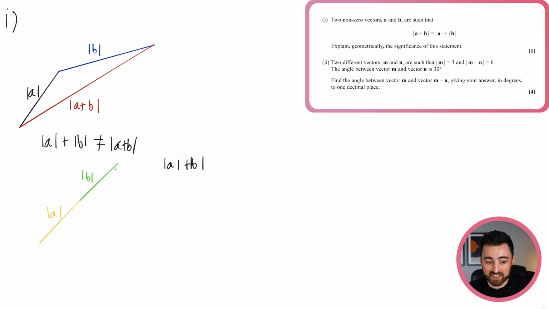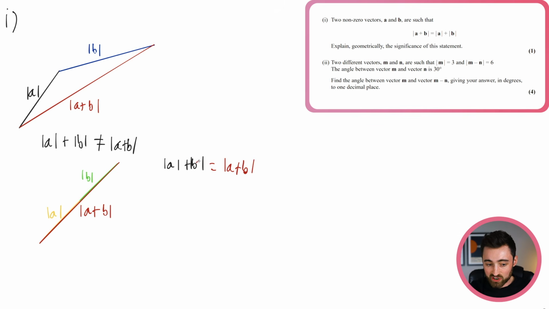But then what would the vector A plus B be? Well, it would start here, and then it would go all the way to there. It's exactly the same thing, isn't it? And in this case, yes, the size of this red line is going to be exactly the same as the size of the yellow line plus the size of the green line.